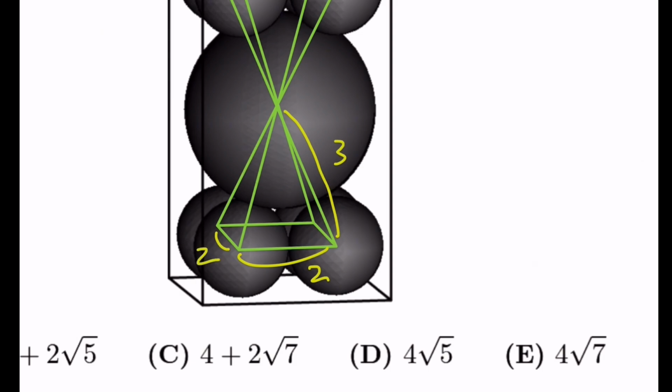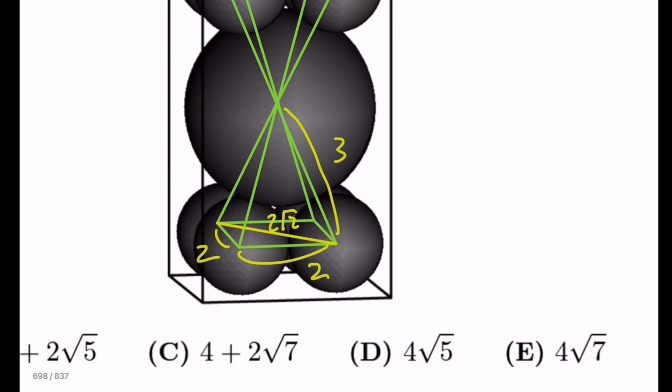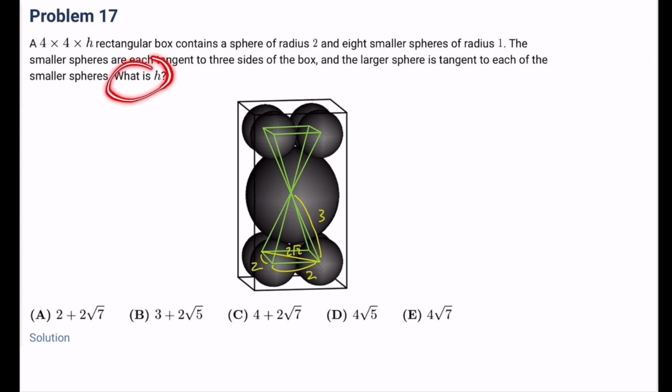And what that gives us is the length of this diagonal. And so that diagonal is going to be 2 root 2, because this is a 45, 45, 90 degree triangle. So this much is 2 root 2. But now what we want is the h, so that's the height of the whole thing.